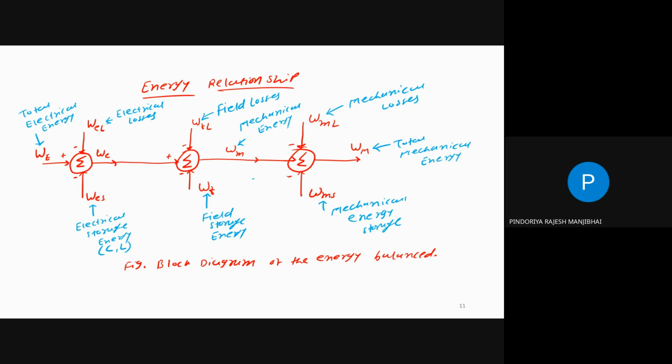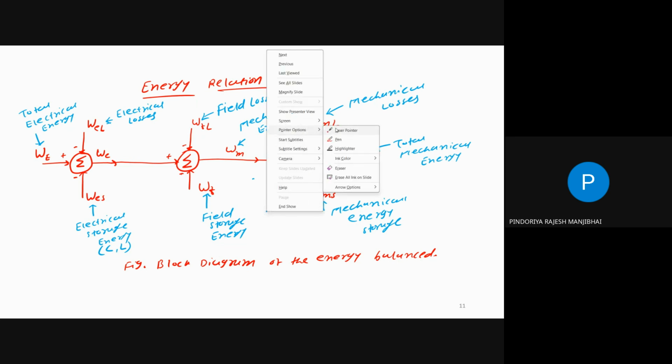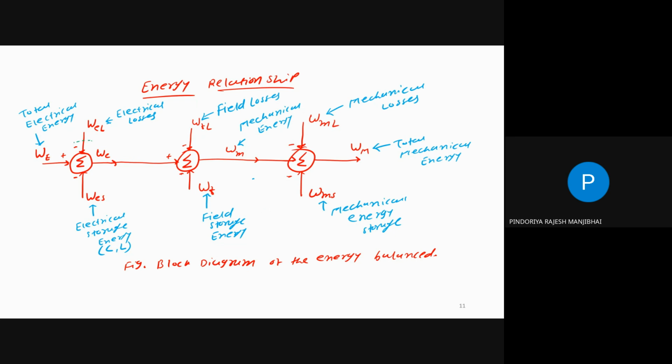Correct? So this is the notation for this diagram. So we can say this component is nothing but your electrical system. This is nothing but your mechanical system, and this is nothing but your coupling system.